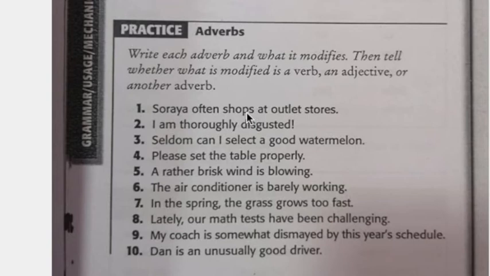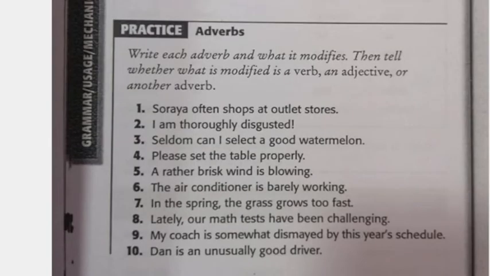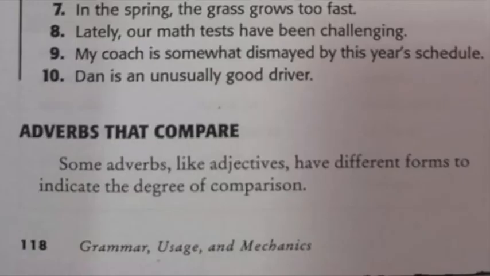What you will do is write this down on another document and then answer according to what is asked. Okay? So again, you answer the practice exercise on page 118, the exercise on adverbs, up to item 10. So, let's go now into the adverbs that compare.